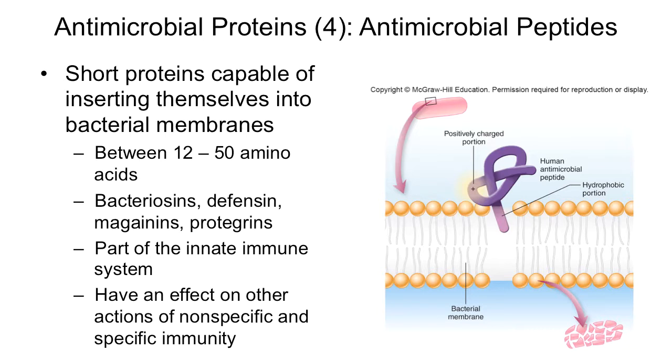So as you see over here, we have, for example, a human antimicrobial peptide like a defensin, which is able to bind to the membrane of the bacterial cell and therefore create a little pore that is now going to allow the bacterial cell to burst.